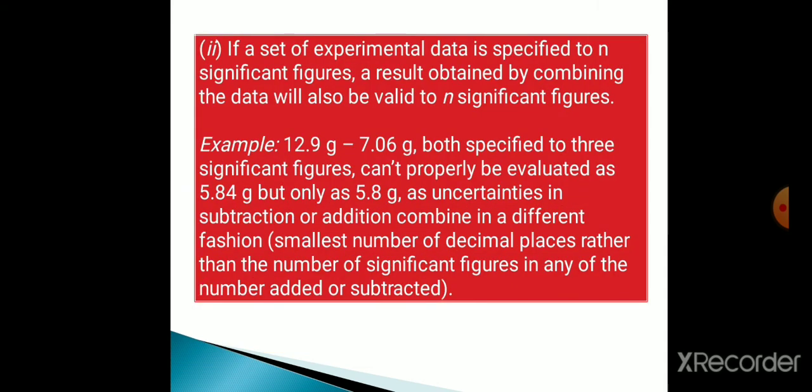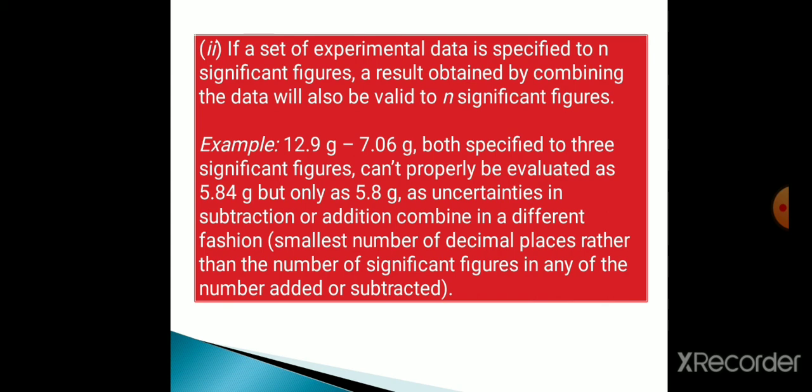If a set of experimental data is specified to n significant figures, a result obtained by combining the data will also be valid to n significant figures. But there are certain exceptions. For example, if you are subtracting, that is 12.9 minus 7.06, both the data contain 3 significant figures.